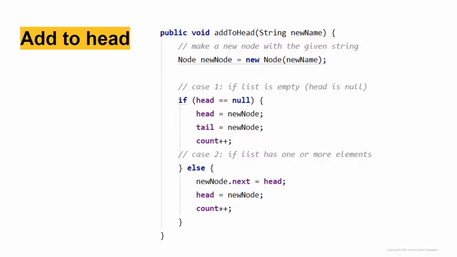So new node dot next is equal to head, right? Because if we're adding it at the head, we want it to point to what the current head is, and then we reset head equal to new node, and then we increase our count. All right, so we have successfully added a node to the head of the list.